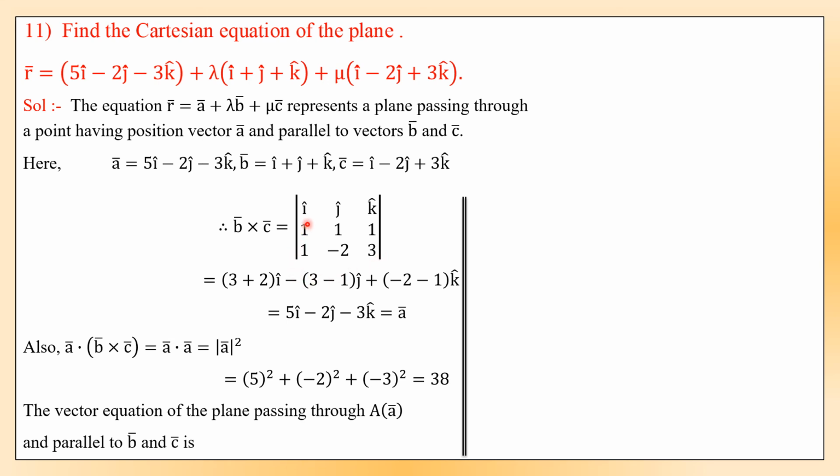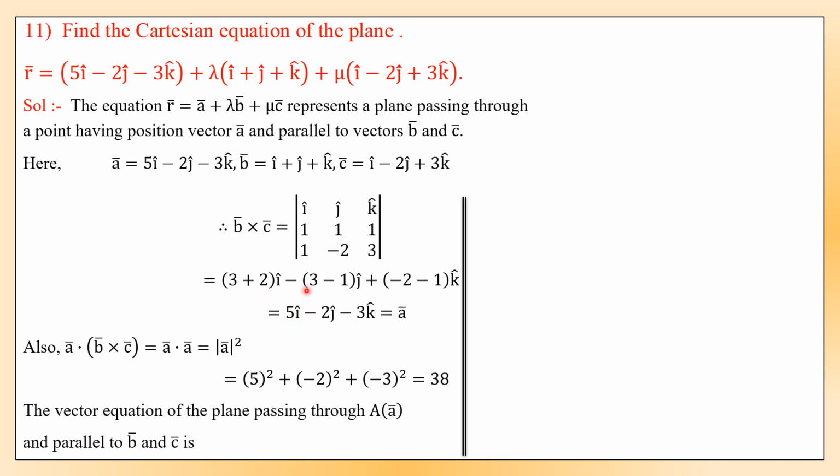Simplifying, we get i vector times (3 + 2), minus j times (3 - 1), plus k vector times (-2 - 1).